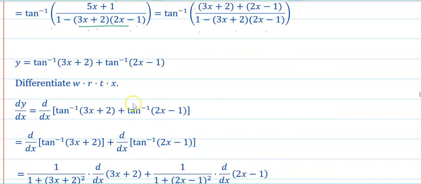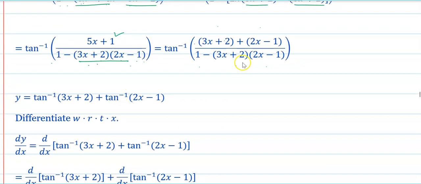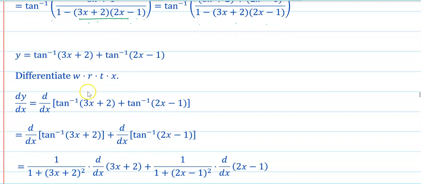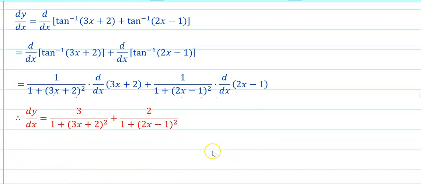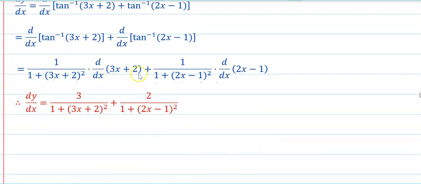Okay. And therefore, here tan inverse of 3x plus 2 plus tan inverse of 2x minus 1. Its derivative: 1 upon 1 plus 3x plus 2 bracket square into d by dx of 3x plus 2, plus 1 upon 1 plus 2x minus 1 bracket square into d by dx of 2x minus 1. The derivative of 3x plus 2: the derivative of 2 is 0, of 3x is 3.